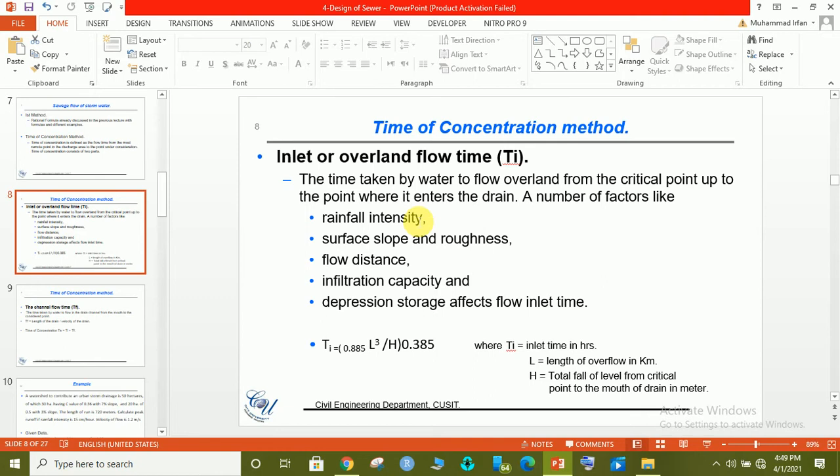The upper point is the critical point and the lower is the drain. The time required for any runoff produced from any rainfall activity to travel from the critical point to the drain is called the time of concentration.